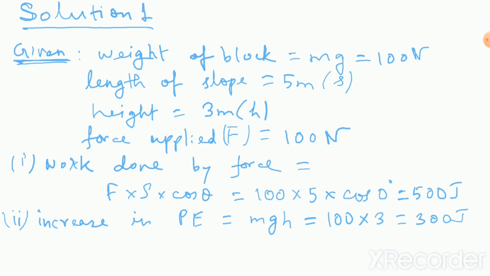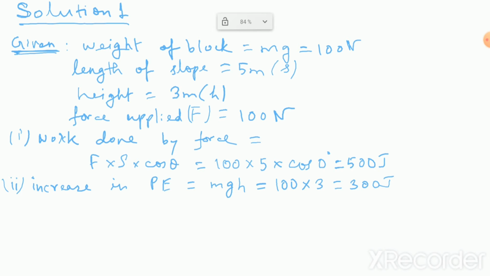Now the third part says account for the difference in the work done and the potential energy gained. What is actually meant by this question? See, when we do work on any body and move it very slowly, the work done on the body is converted into potential energy of the body. That is the main fact.